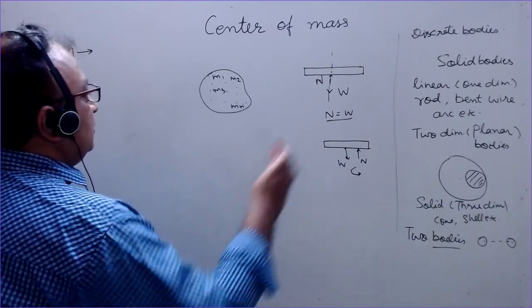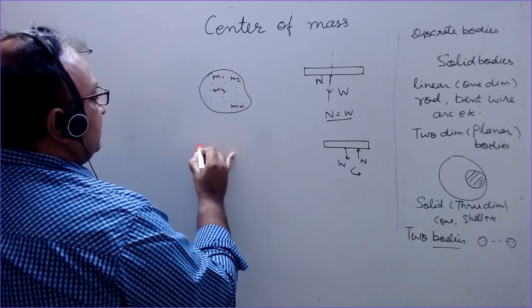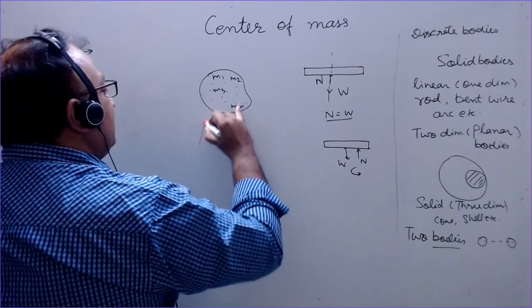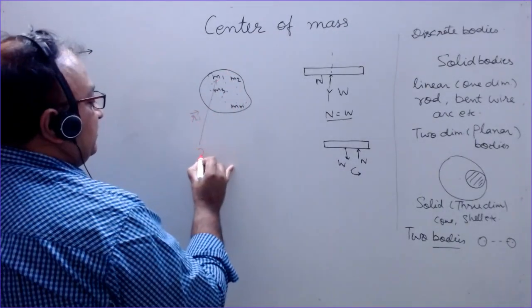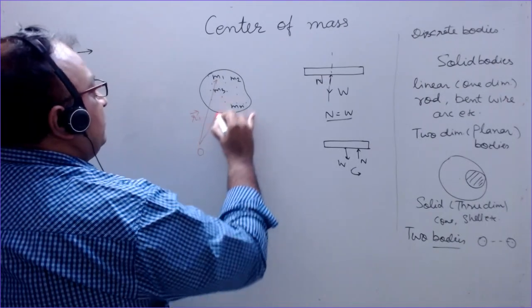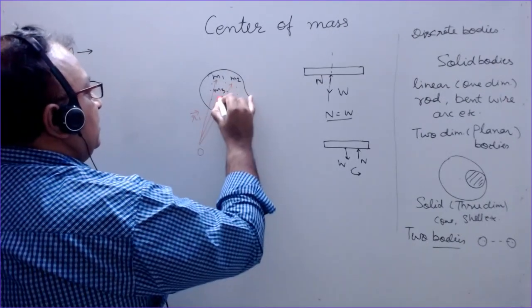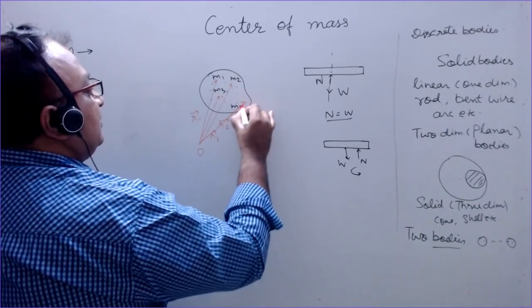So this is the center of mass of the body. Now suppose I have this point as origin. So position vector of M1 is R1 with respect to this point, and that of M2 is R2, M3 is R3, and that of Mn is Rn.